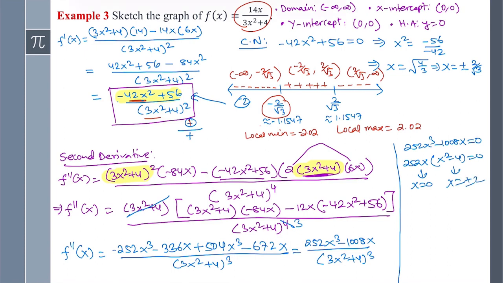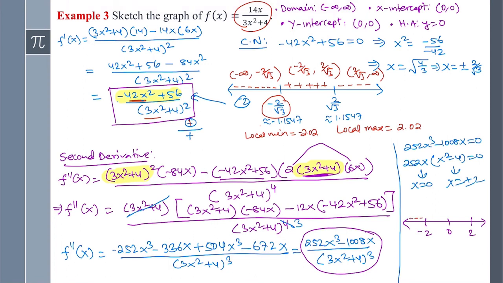So let's do the sign test to determine where the function is concave up and down. Okay, so we have negative 2, we have 0, and we have positive 2. If we take negative 3 and put it into our second derivative, we get a negative number, so the function is concave down here.